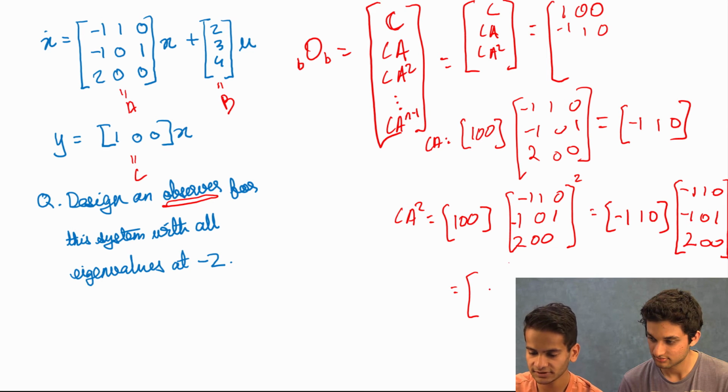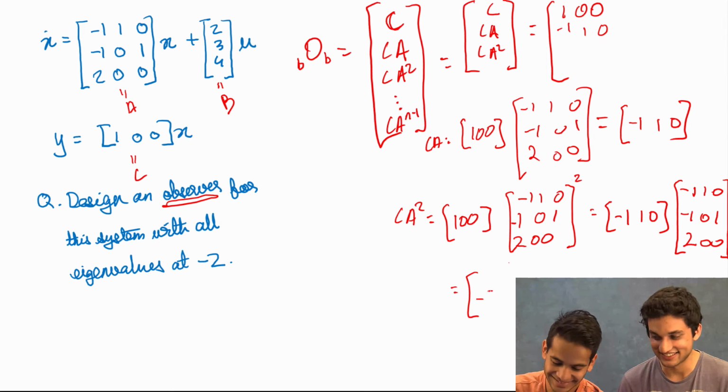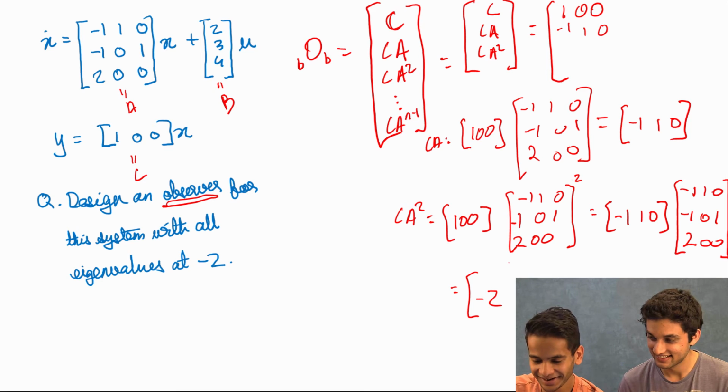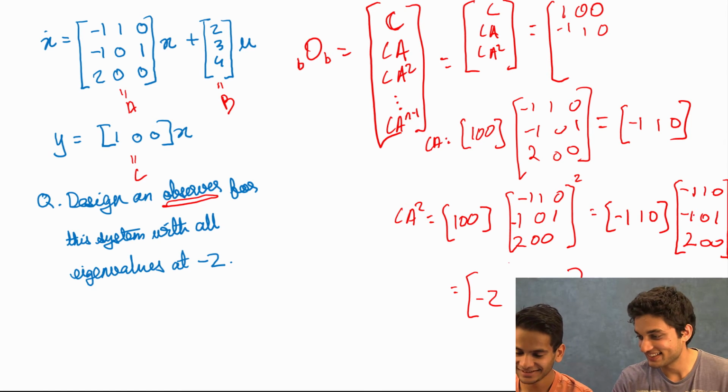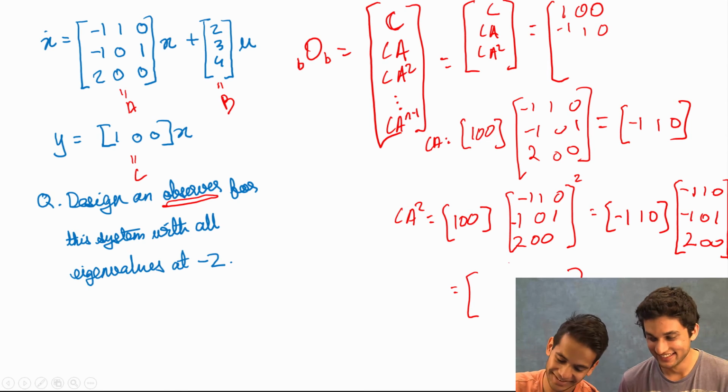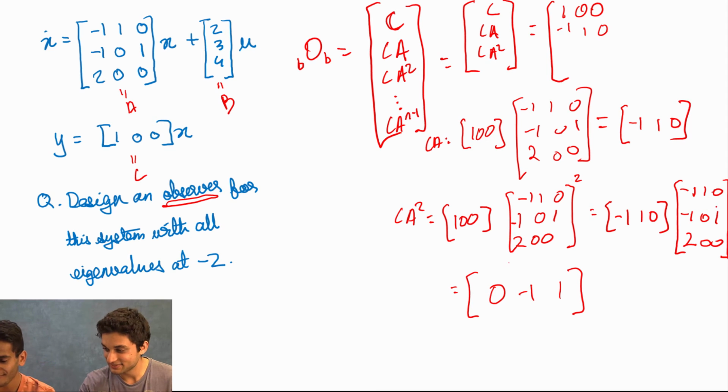So the first one is what? -1. It's the second row minus the first row. This -1 minus 1. Oh, this is a 0. Okay, I can't do algebra. Yeah, I just did the first one wrong.